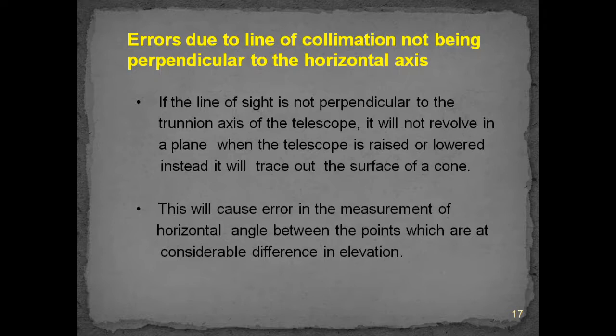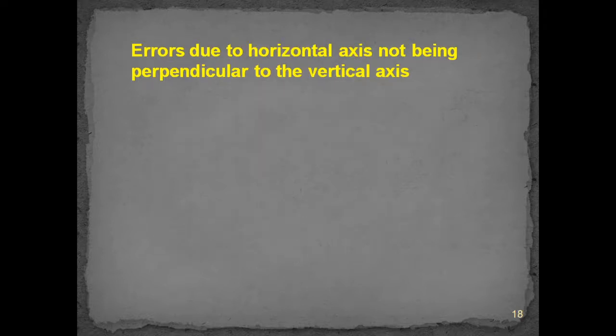So when it is not perpendicular to the horizontal axis, the horizontal angle between two points at different elevations will not be perfect.